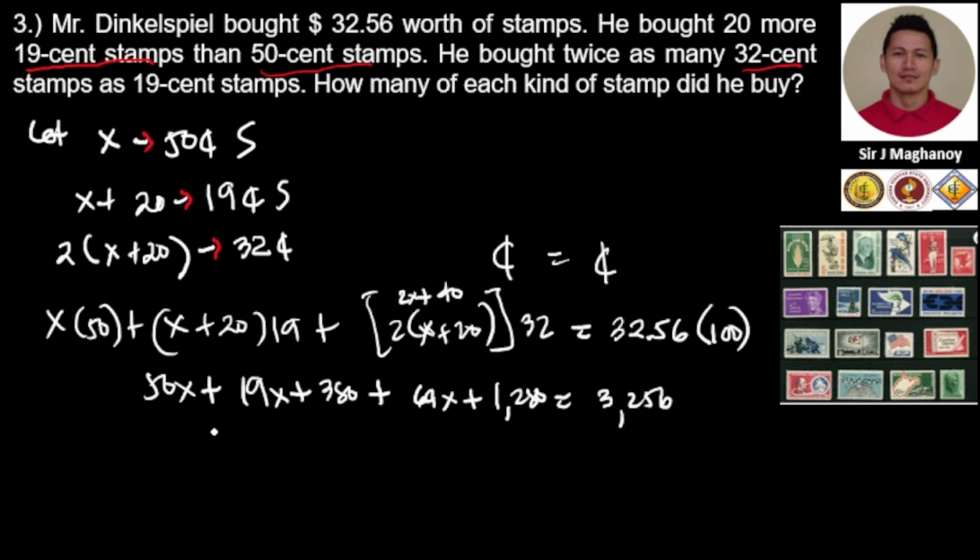Okay, so combine like terms: 50 and 19 and 64, that is 133x.